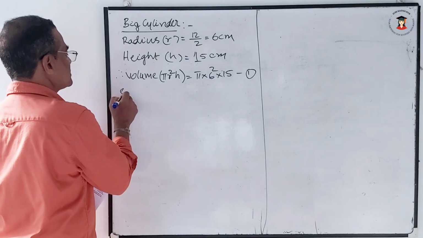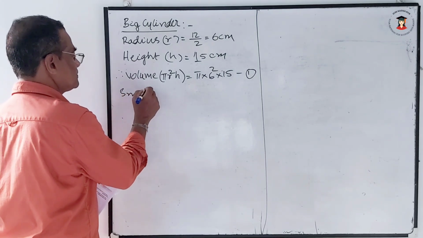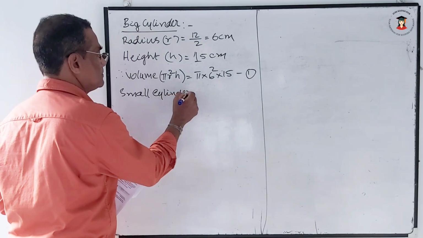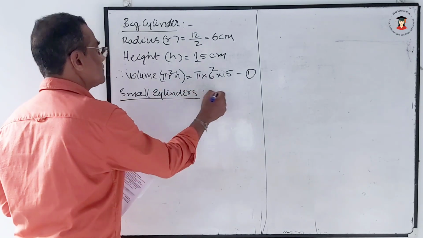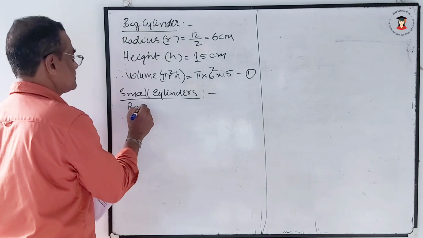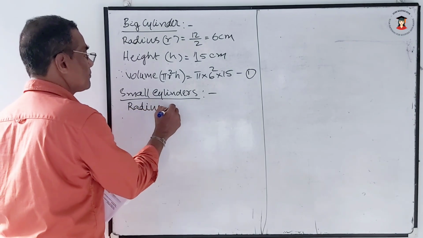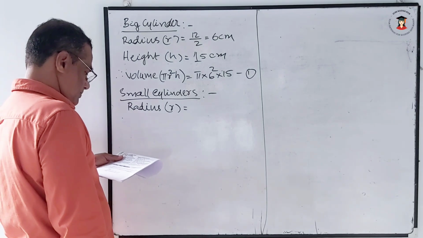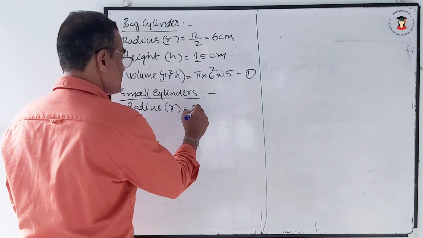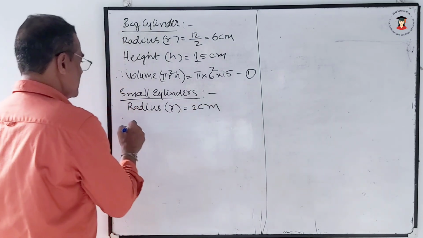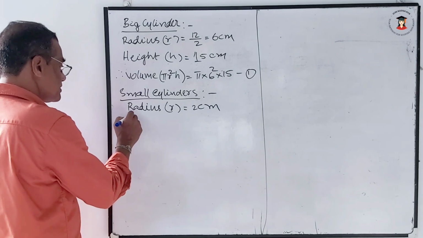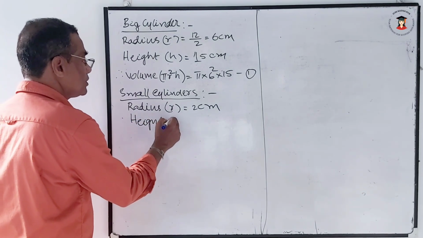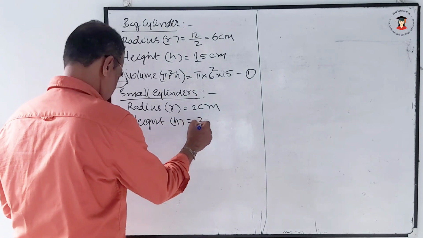Then small cylinders. Radius equal to 2 centimeter and height h equal to 3 centimeter.